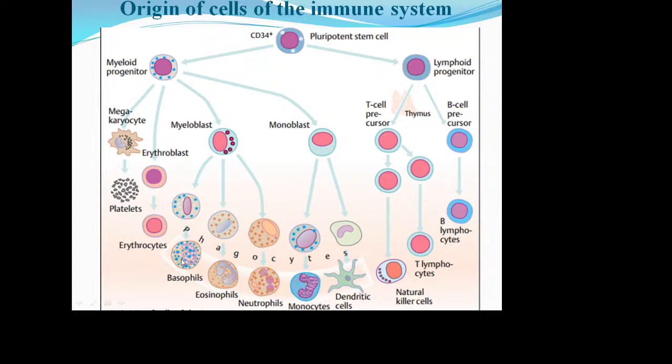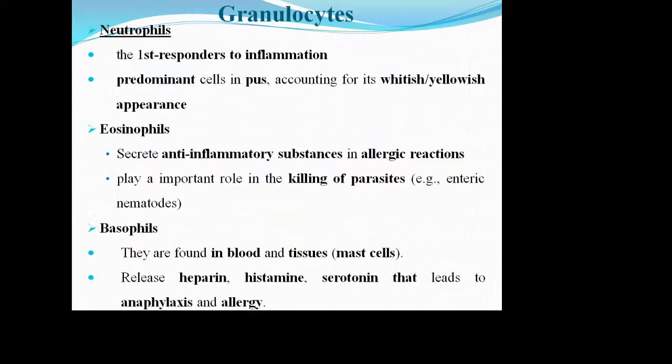We can see granules, colored granules in the cells, and these are agranulocytes that include lymphocytes, T lymphocytes and B lymphocytes, for example, monocytes and macrophages. They are not shown here. Let's talk firstly about granulocytes.